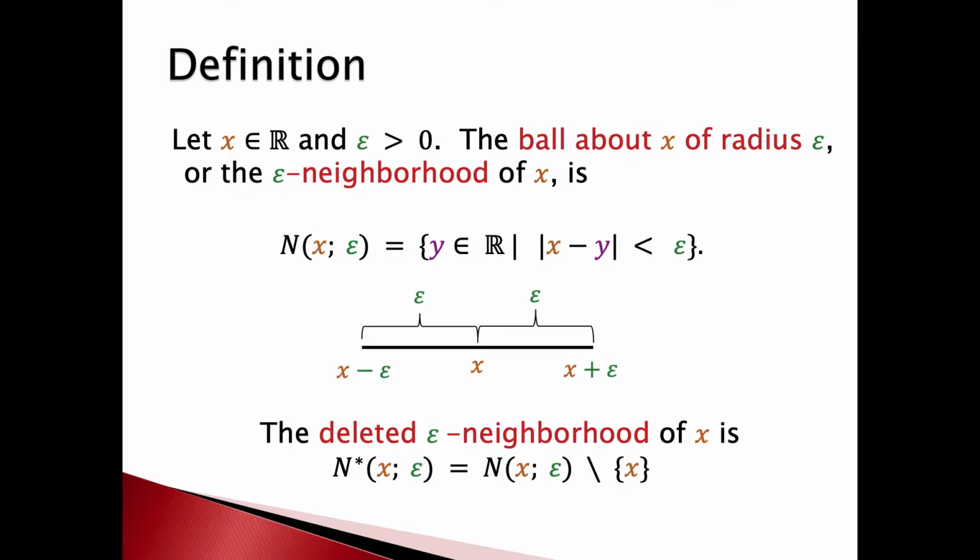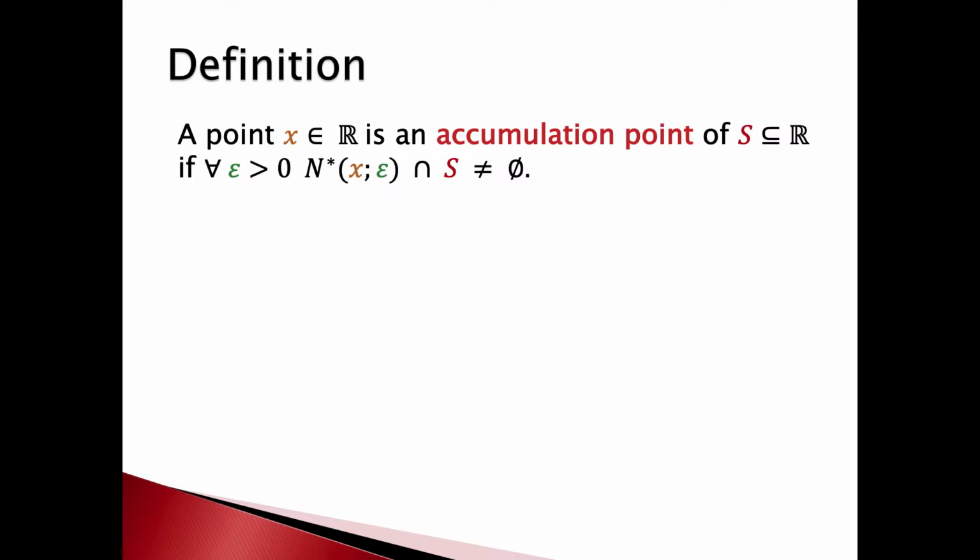Okay? That's going to be important because these deleted neighborhoods show up in our next important definition, accumulation points. If you think about the name, you can see that we're getting closer and closer to the idea of a limit. A limit is things building up towards something.